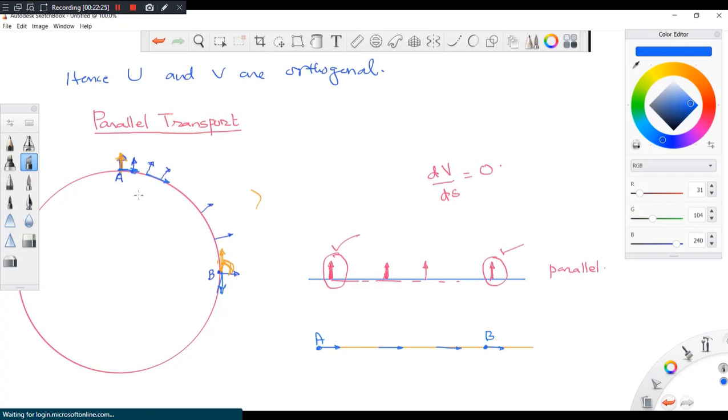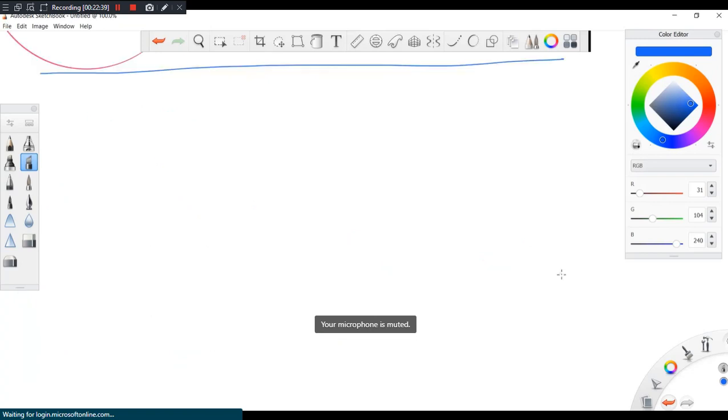Excuse me, sir. Sir, you considered dv by ds equal to 0, right? And then you also took the normal. But sir, normal vectors are dependent on the length of the circle.